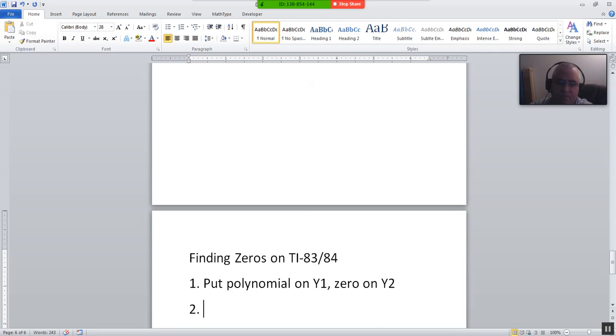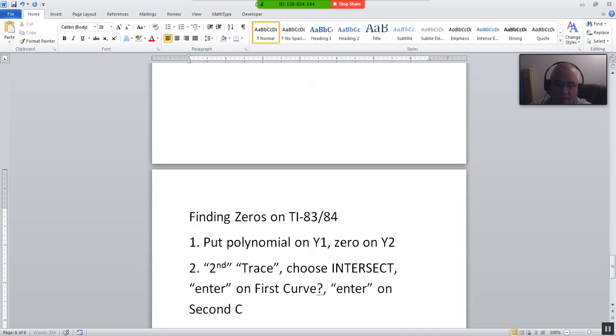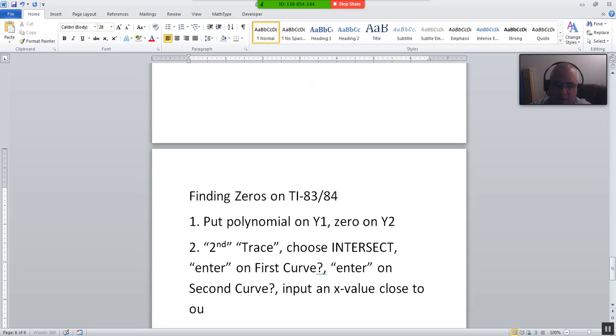Step 2. We're going to do a second trace. We're going to choose intersect. We'll enter on the first curve. We'll enter on the second curve. We'll input an x value close to our answer and press enter.